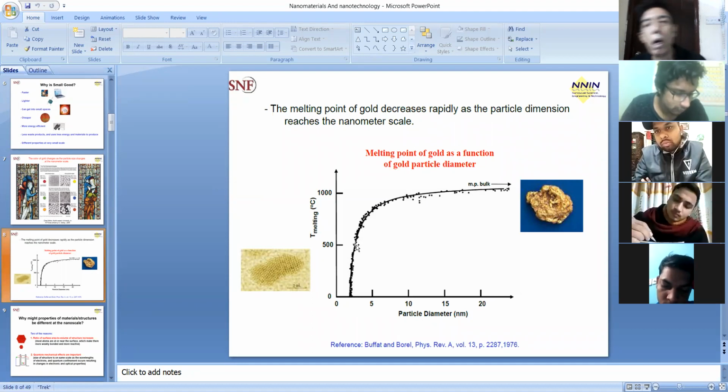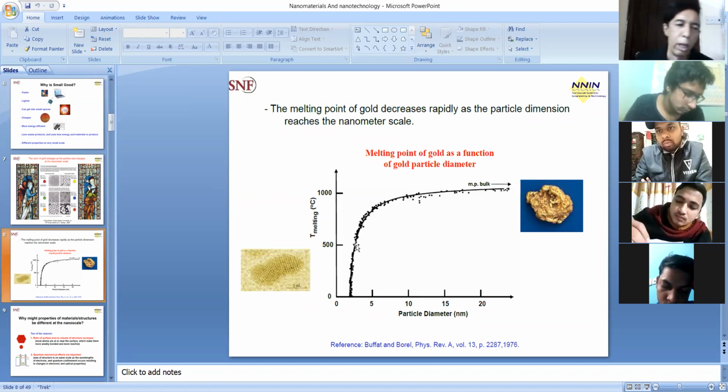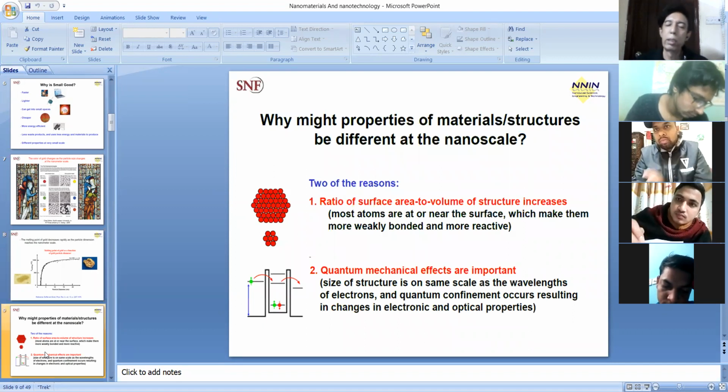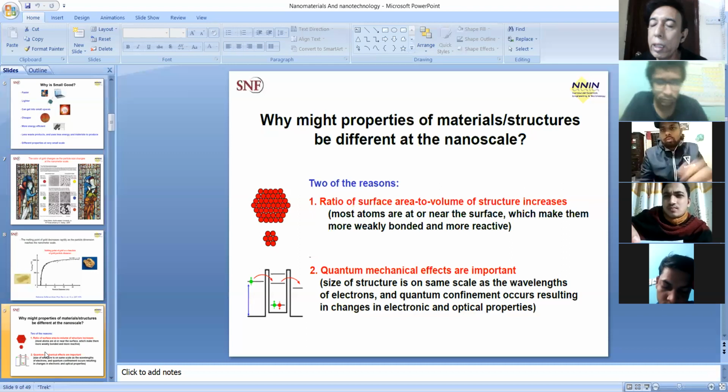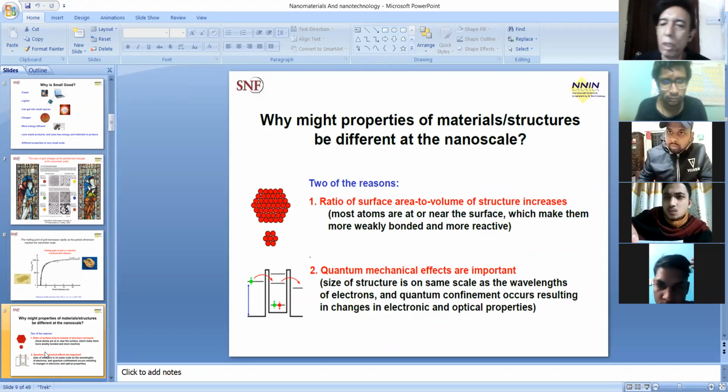So these are the different properties in the nanoparticles. Now, the basic question is why is this happening?